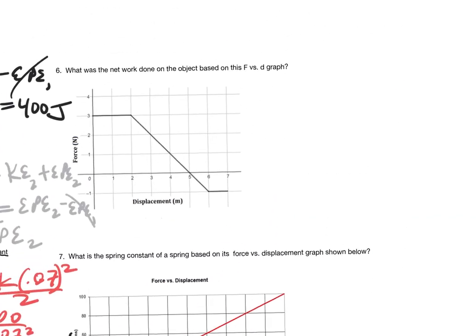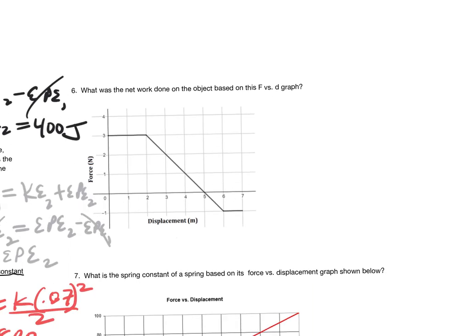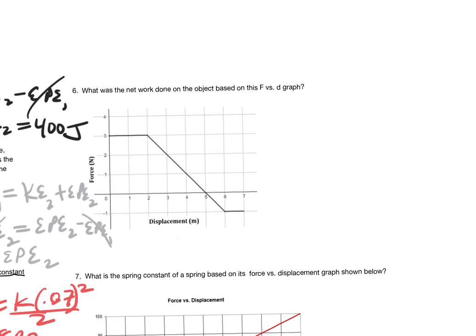Okay, then we have some graph stuff. What was the net work done on the object based on its F versus D graph?